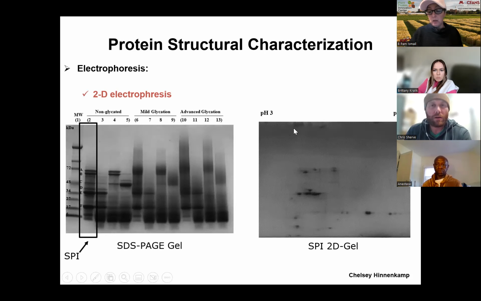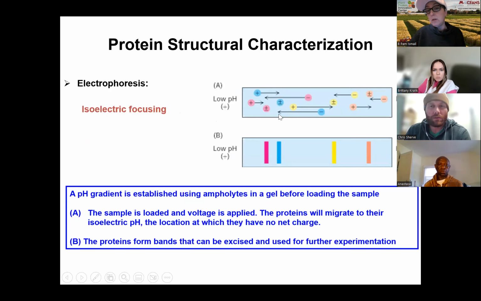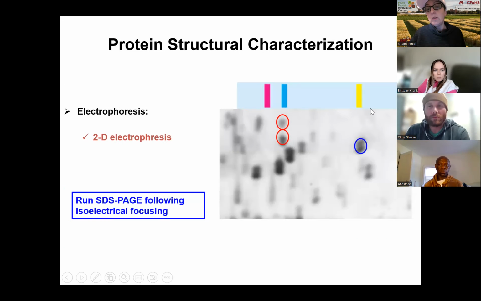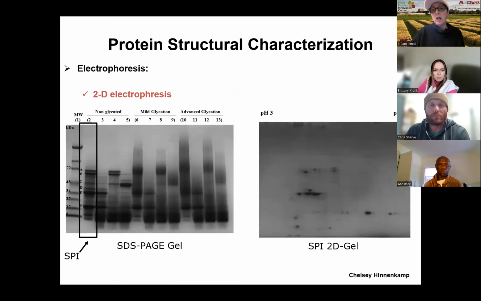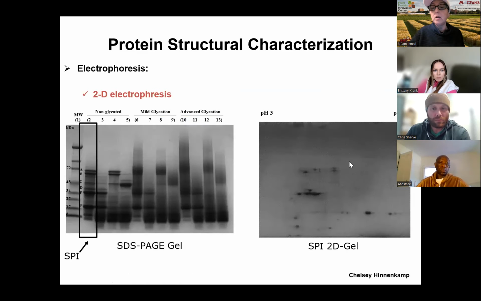So first we use this strip to separate based on isoelectric point. Then we put this strip on top of this gel that you see here on the right. I don't know if you can see my mouse here. We put it on the top. And this is the regular SDS-PAGE gel. You put that strip on the top and the proteins will now migrate based on their difference in size. You take this gel and you transfer it onto a PVDF membrane.